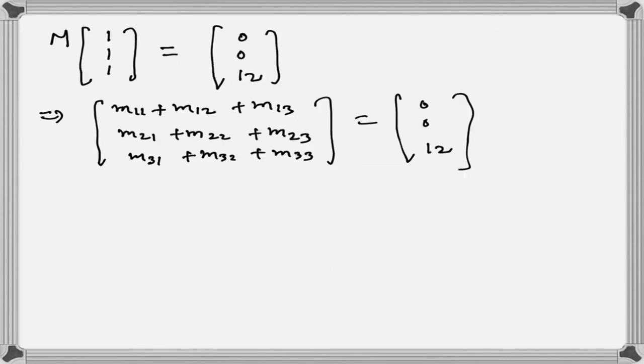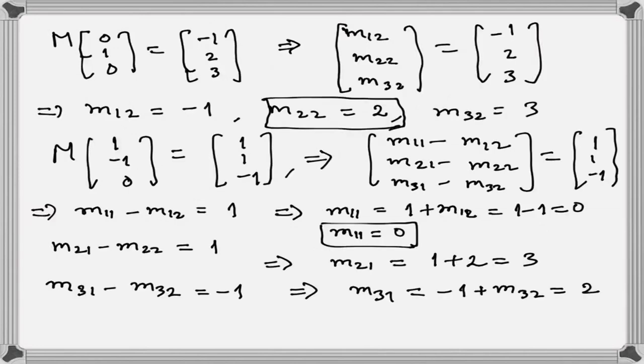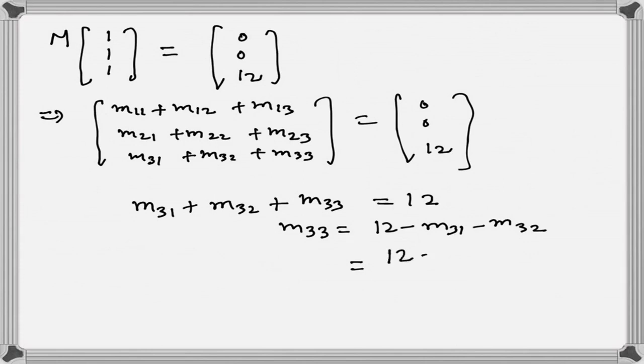Let's take the third equation: M31 plus M32 plus M33 is equal to 12. So M33 is nothing but 12 minus M31 minus M32. M31 is 2 and M32 is 3, so 12 minus 2 minus 3 is 7.